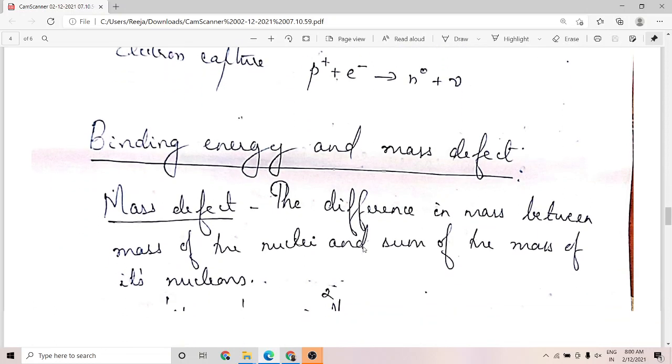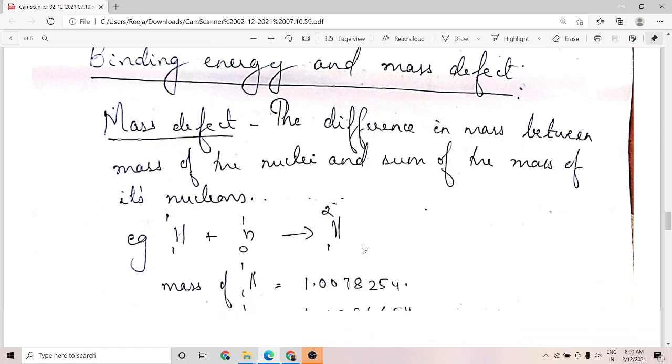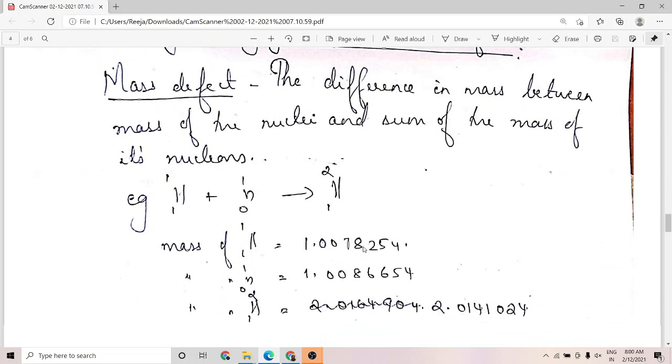Next, we go on to binding energy and mass defect. What is mass defect? It is the difference in mass between the mass of the nuclei and the sum of the mass of the nucleons. Here we find that the mass of hydrogen H 1 1 nucleus is 1.0078254 and that of a neutron is 1.0086654 and that of hydrogen H 1 2, that is deuterium, is 2.0141024.